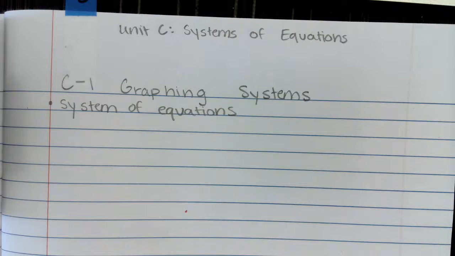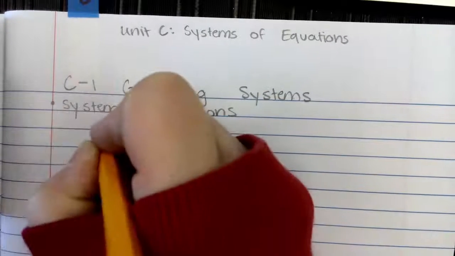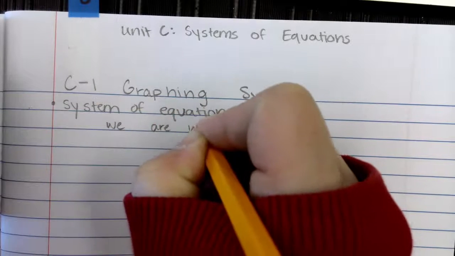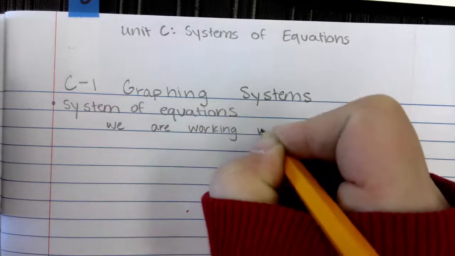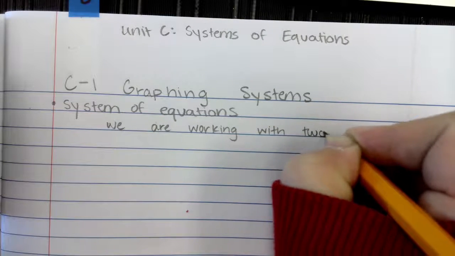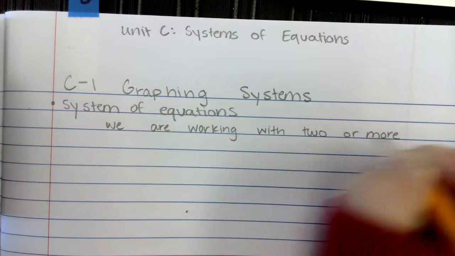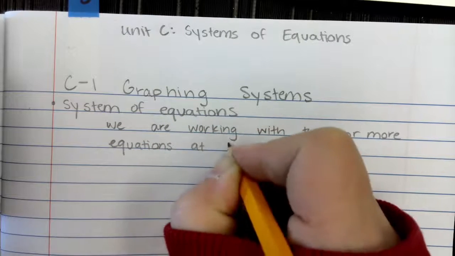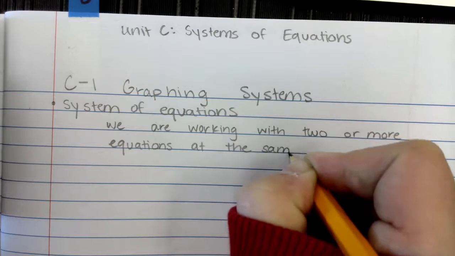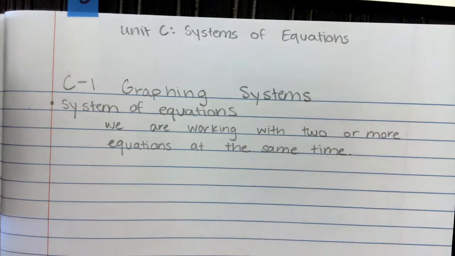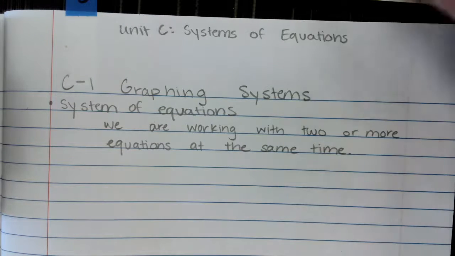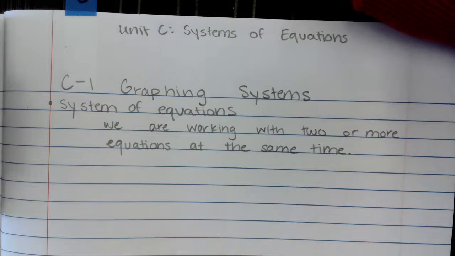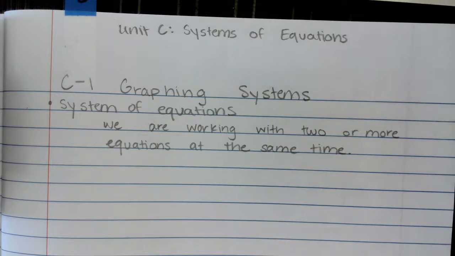All right, systems of equations means that we are working with two or more equations at the same time. So we're working with two or more equations at the same time.